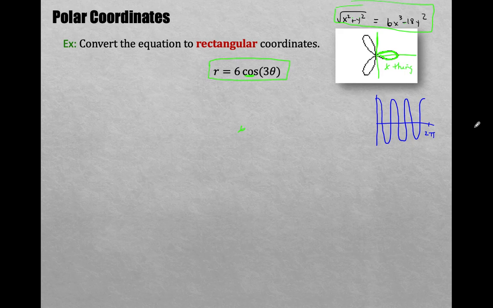So when you hit trace on your calculator, you should be at theta equals 0, which is here. And that should make sense. If you put 0, 3 times 0 is 0, cosine of 0 is 1, 1 times 6 is 6. So you're out here.